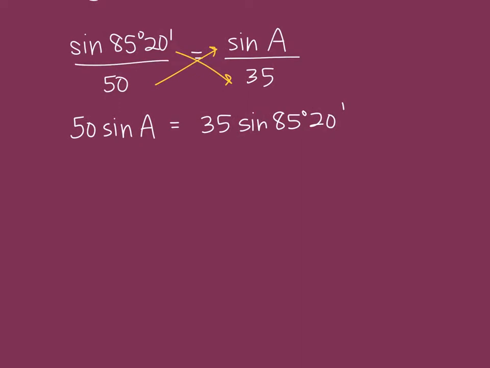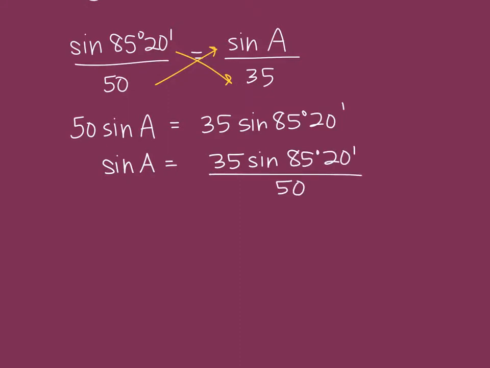What do I do first to work towards getting capital A by itself? Divide by 50 first. So that would give me sine of A equals 35 sine of 85 degrees, 20 minutes, divided by 50. That still doesn't give me A alone yet. Okay, one more step, which would be what? Inverse, okay?